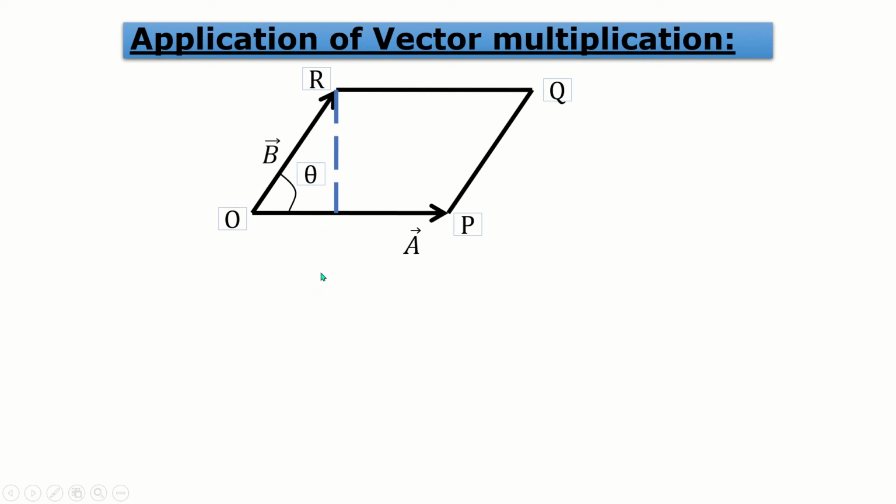RS is equal to the height. This is the perpendicular, so perpendicular divided by hypotenuse equals sine theta. So RS equals the absolute value of B vector times sine theta, that is B sine theta.